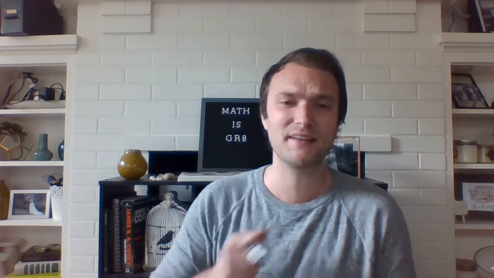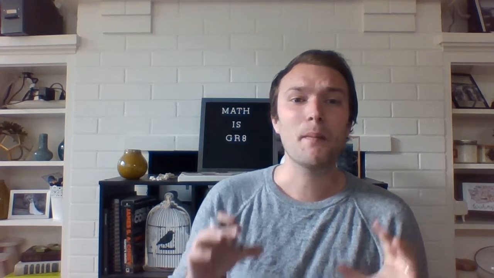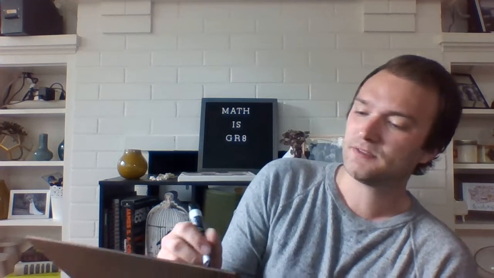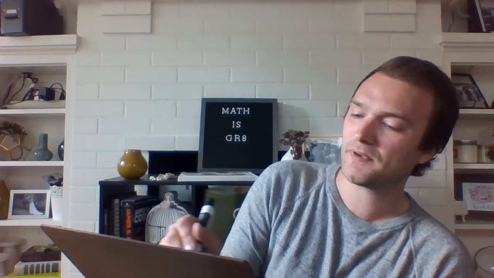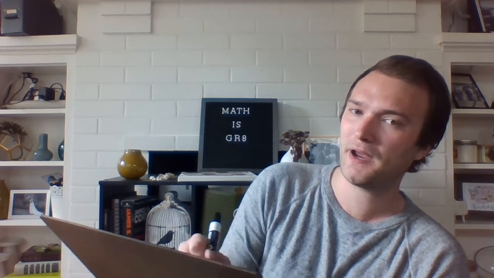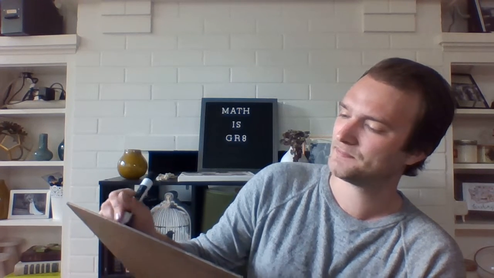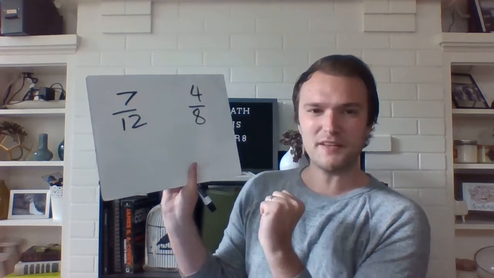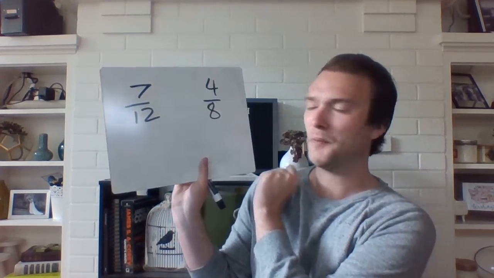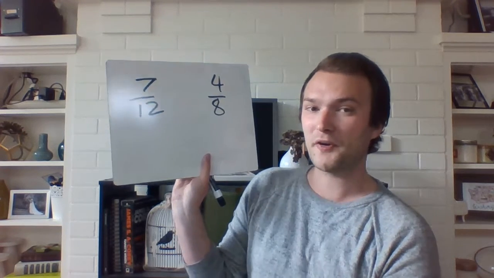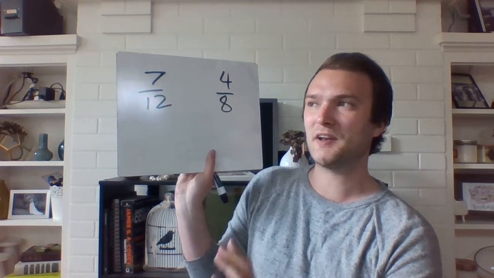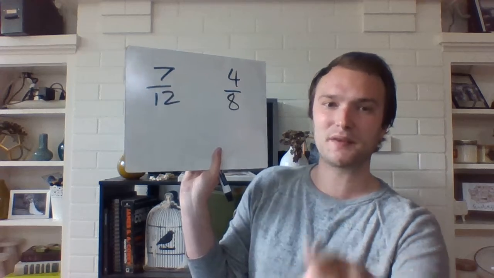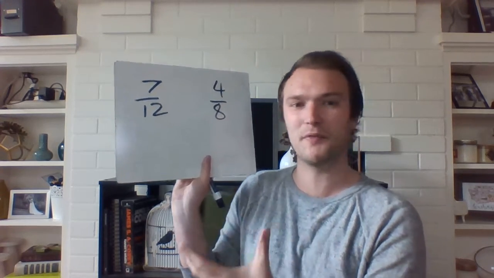One last thing I want to show you is that you can multiply both fractions if you want. So if we look at B, we've got 7/12, and we're comparing that to 4/8. And in our last problem, we saw how we could multiply 1/3 to get a denominator of 9ths and compare 4/9 and 1/3.